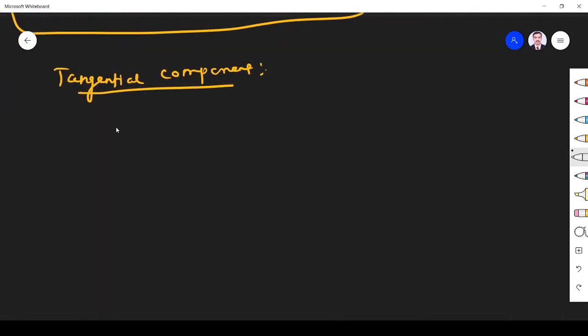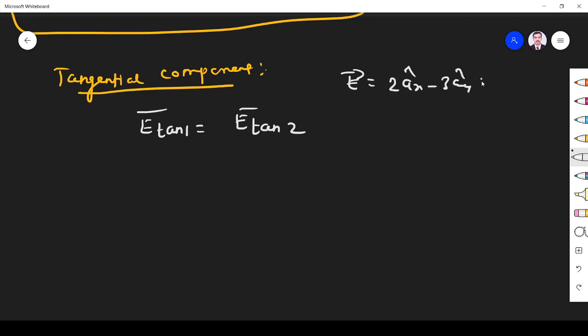We know that the tangential boundary condition is Etan1 equals Etan2. The given E vector is 2ax minus 3ay plus az.